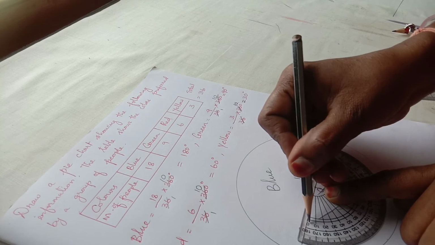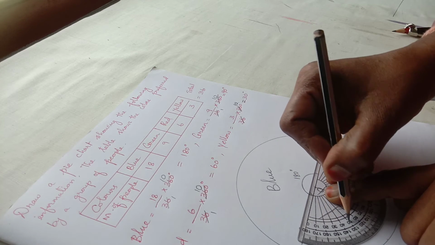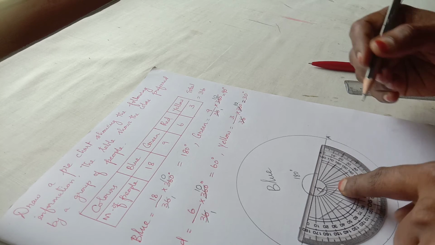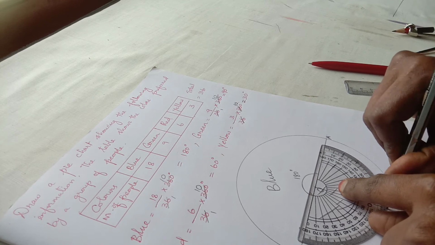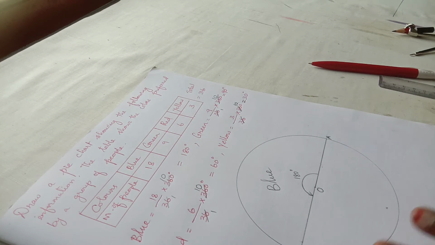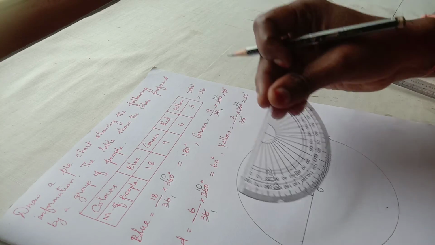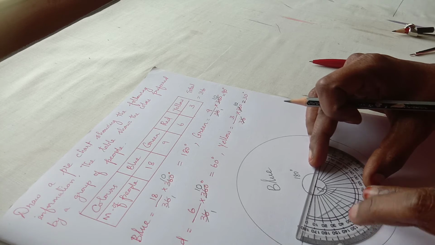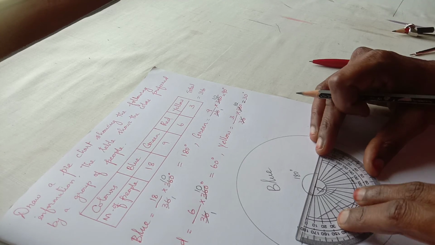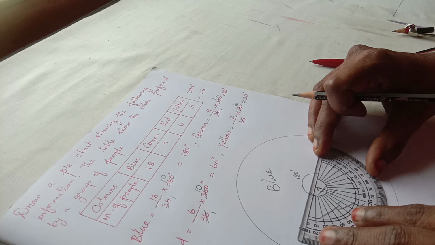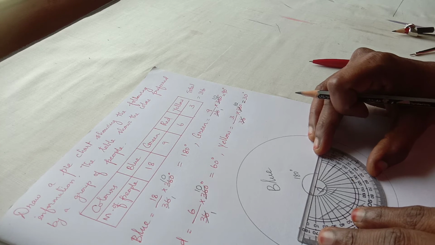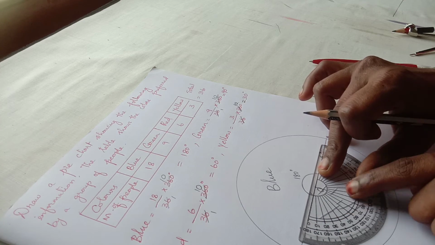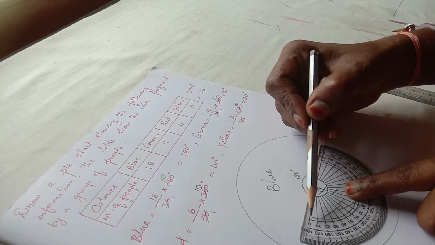So now 0, 10, 20, 30, 40, 50, 60, 70, 80, 90. Even for 90 degrees there is no confusion. Wherever you start, you can do the same thing. Once again, the center of the protractor on O, and we adjust this side only, using the inner scale 0, 10, 20.